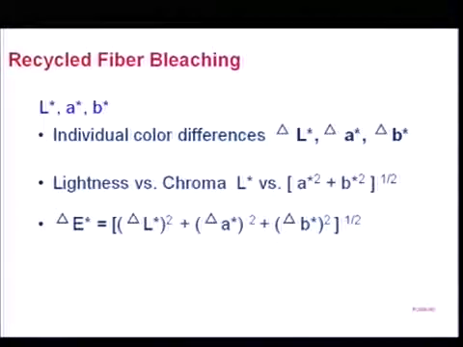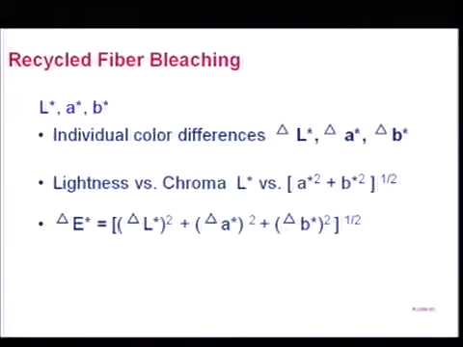There are different ways you can look at your color removal process in your de-inking system. Individual color differences: lightness darkness difference, unbleached L to bleached L differences, and unbleached A to bleached A, that is delta A, and delta B is unbleached B to bleached B. You can also plot lightness versus chroma.